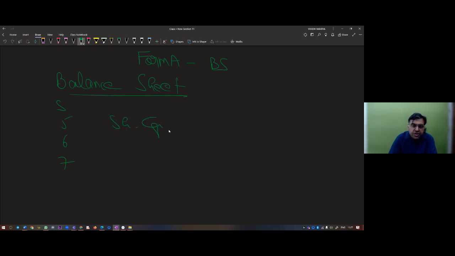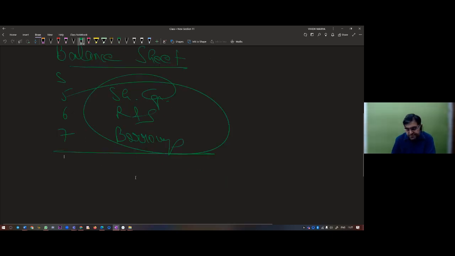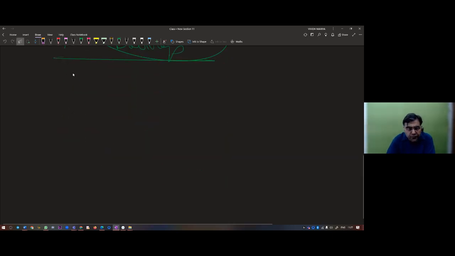This is share capital, this is reserve and surplus, this is borrowings. This is called sources of funds. Application of funds: 8, 9, 10, 11, 12, minus 13, 14, then 15. This will become net current assets.